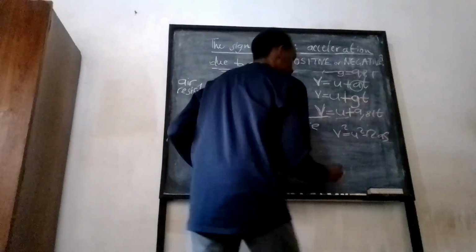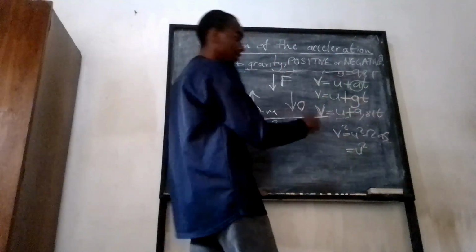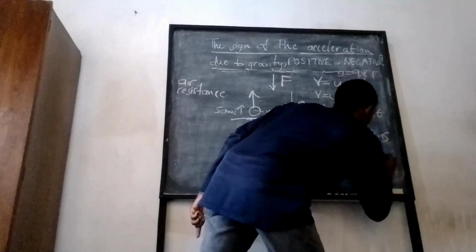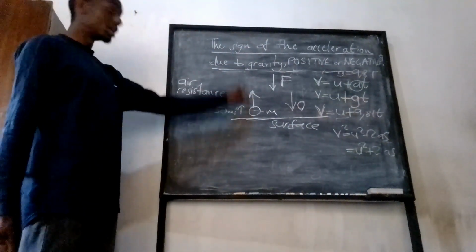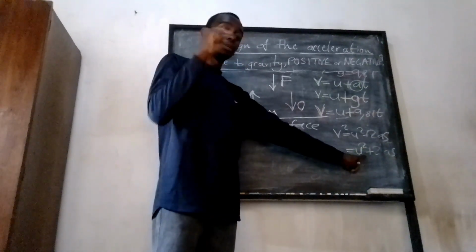In the former scenario, where the ball is going upwards, we would use a negative here. But in this case, where the ball is going downwards, we use a positive.